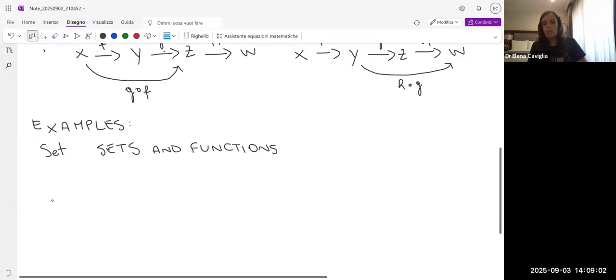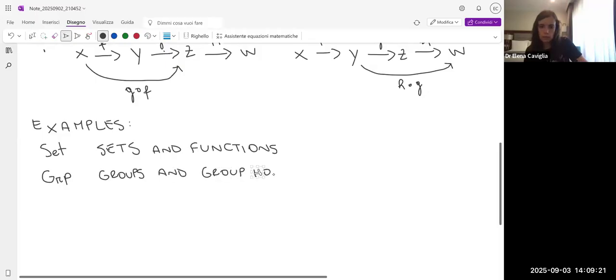Then we can have maybe more algebraic examples. So for example, we can have Grp, the category of groups. And now we have groups as objects. And arrows are going to be group homomorphisms.